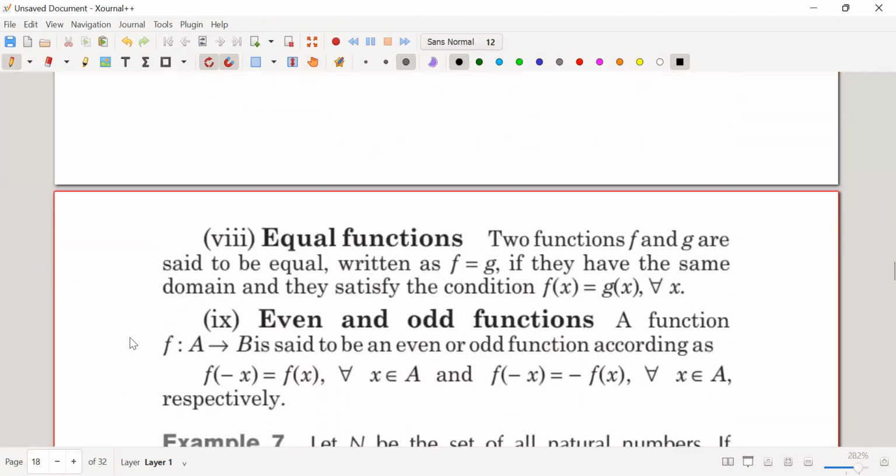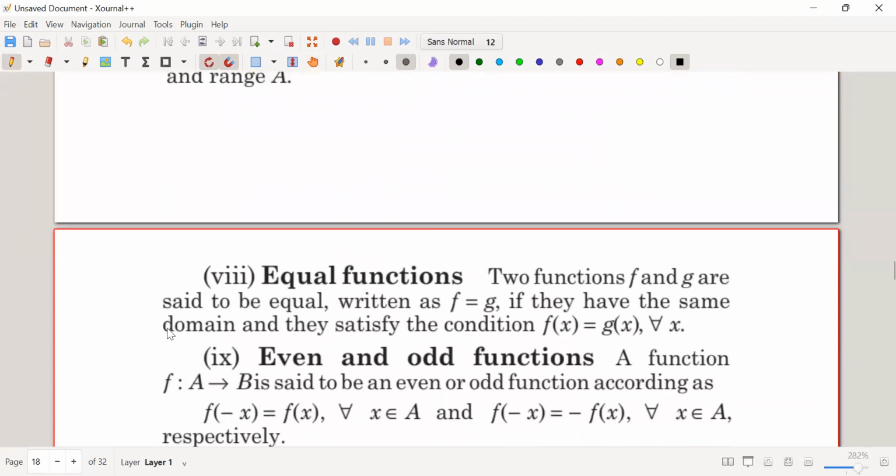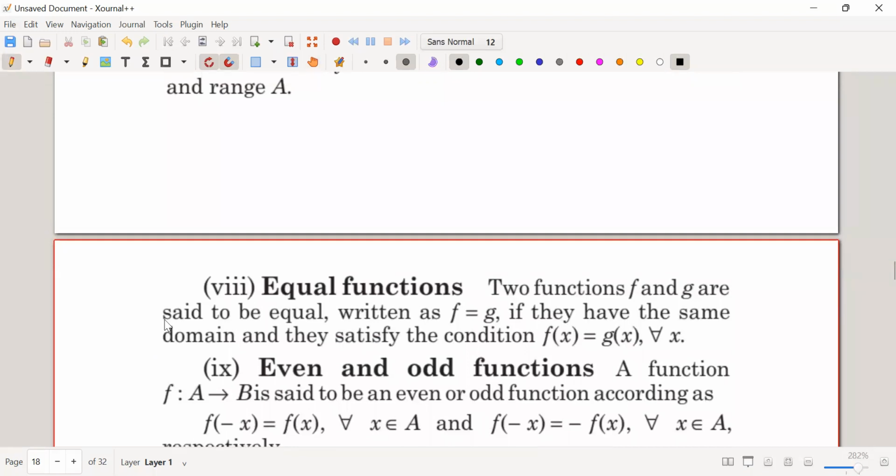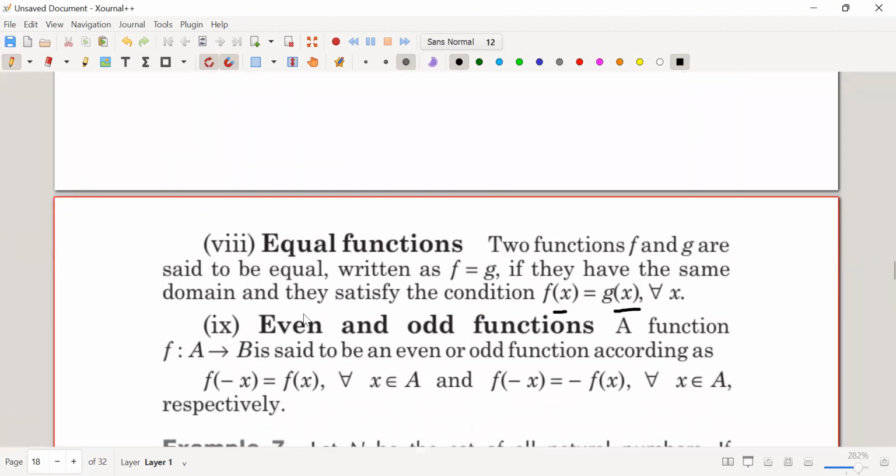What are equal functions? Two functions f and g are said to be equal, written as f equal to g, if they have the same domain and they satisfy the condition f of x equal to g of x. There is no change.